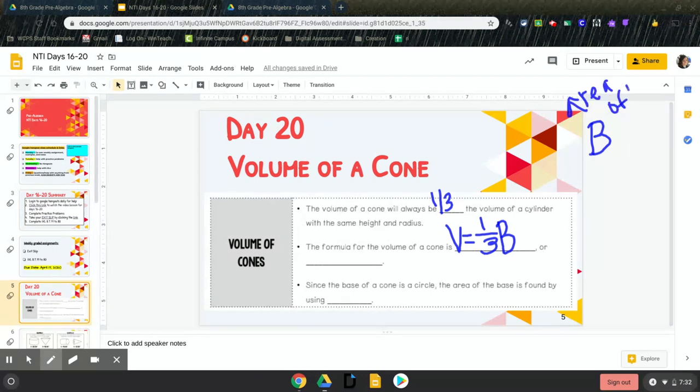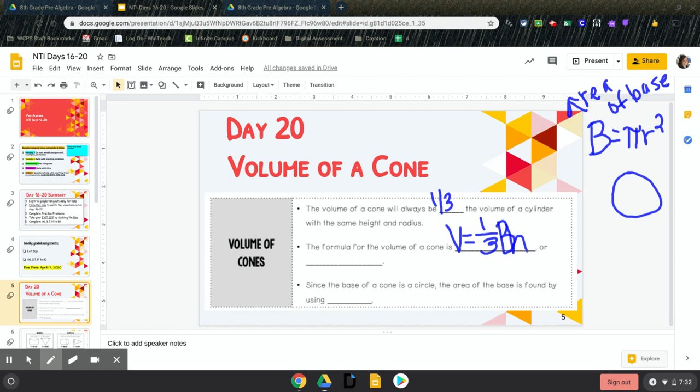And remember, the base on a cylinder or the base on a cone is a circle. So that means it's pi r squared because it's the area of a circle. So the formula for the volume of a cone is 1/3 the base times the height.